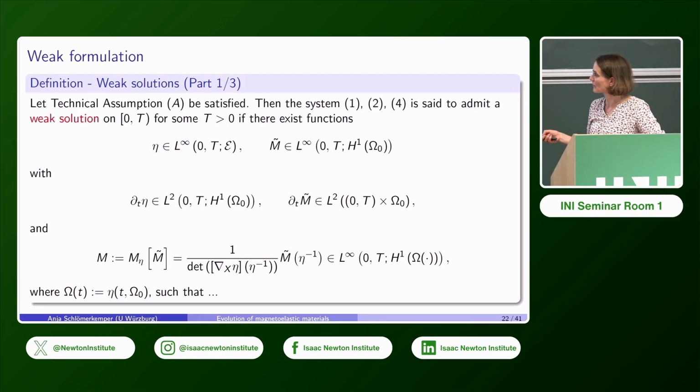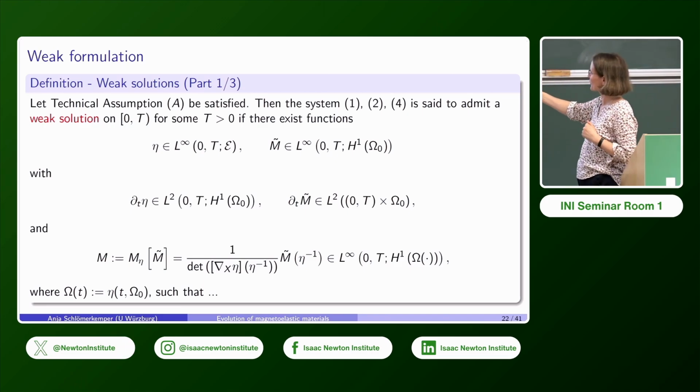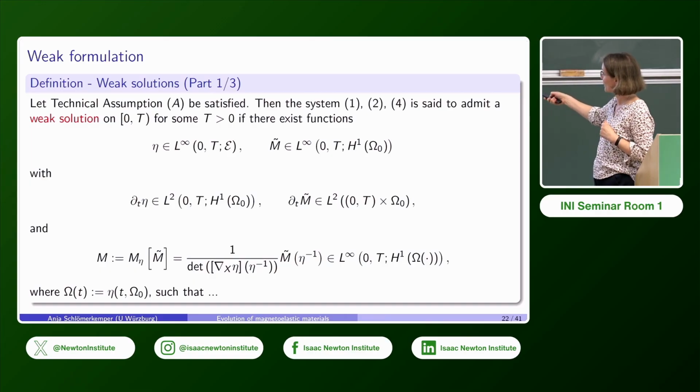Moreover, let me first make a full stop. So we have all these three conditions. And maybe here, if you look at this function space, there's something I would say special. Usually if we have these Bochner spaces like this, the second space here also just depends on, for instance, the reference configuration. It's not time dependent.